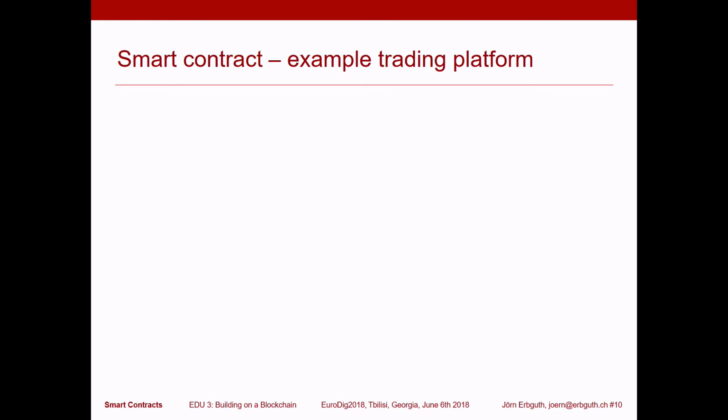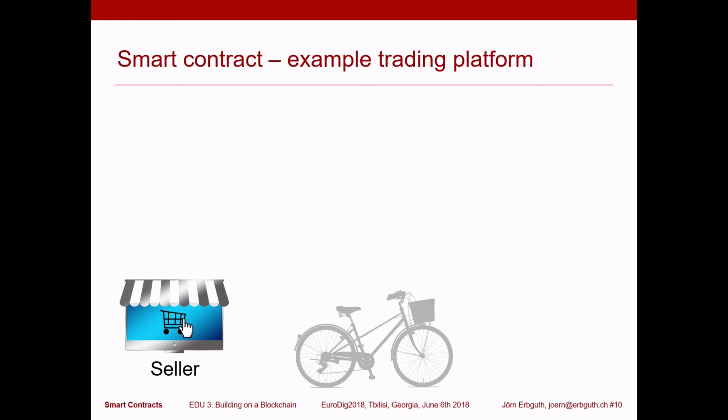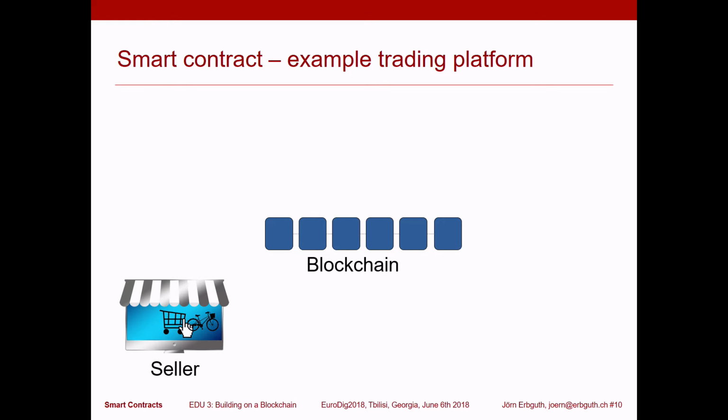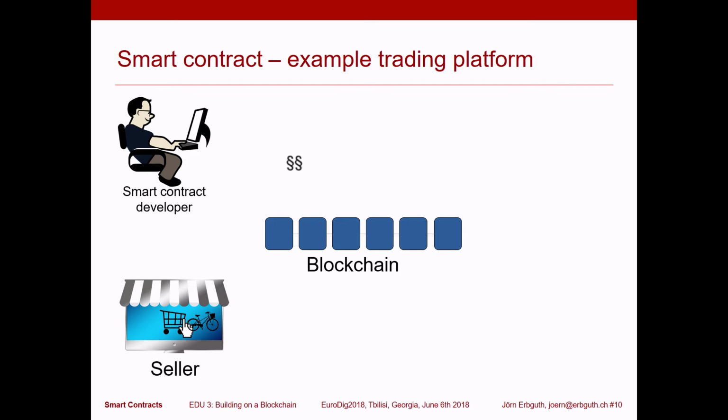To give you one example, let's say we have a seller who has a bicycle and wants to sell this bicycle. And of course, we want to sell it via a smart contract, like an eBay implemented as a smart contract. So we have a blockchain, and we have somebody who programmed a smart contract, a developer.